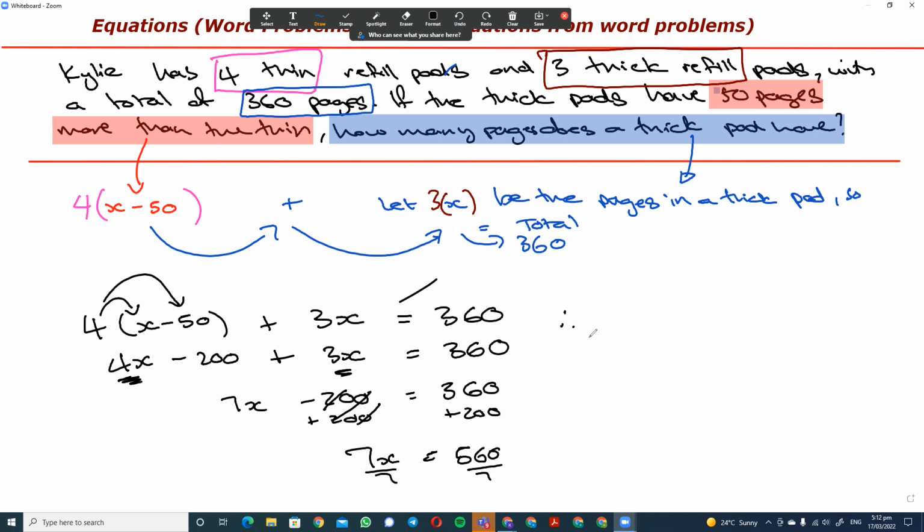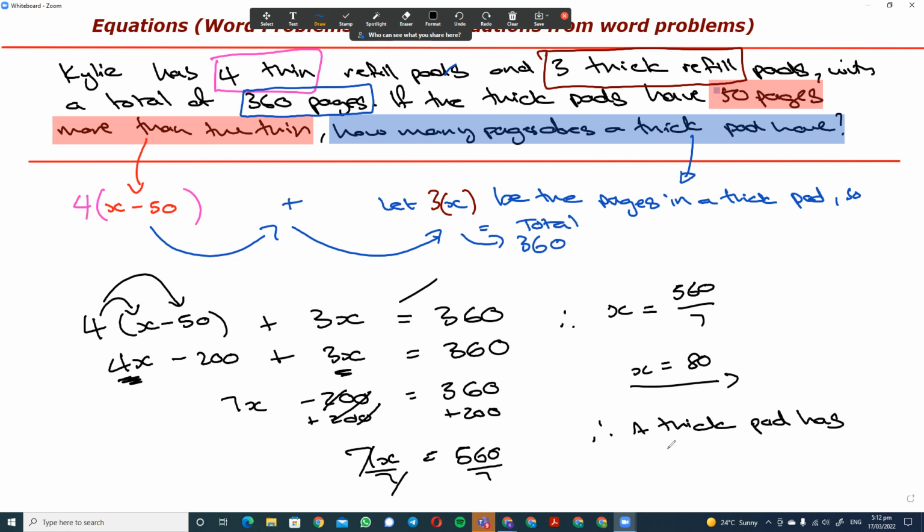So therefore, I can see that x is going to be equal to 560 divided by 7, which is 80. So therefore, a thick pad has 80 pages.